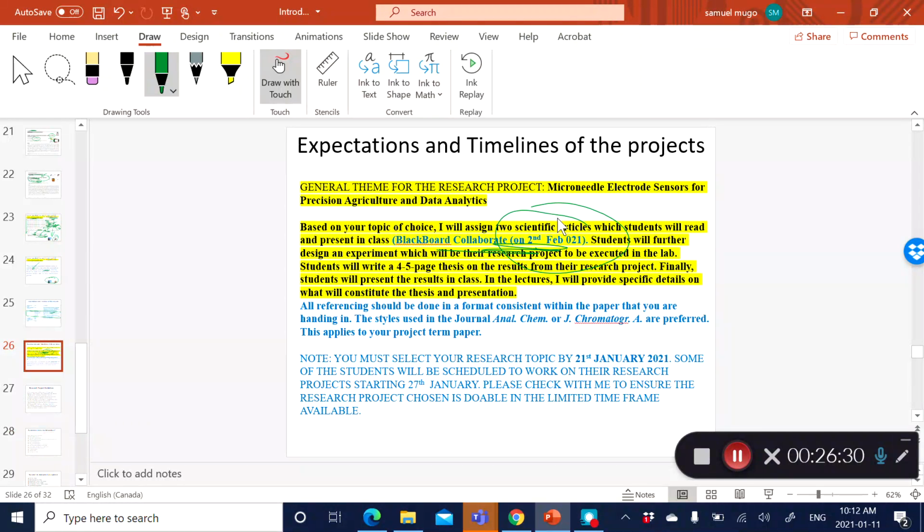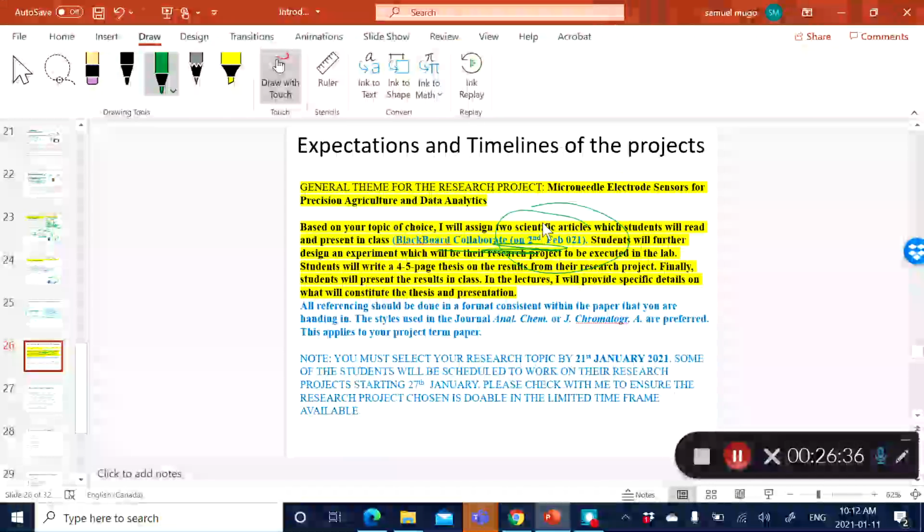And of course, the idea for you reading the journal articles is for you to design the protocols that you're going to need to do your research topic.